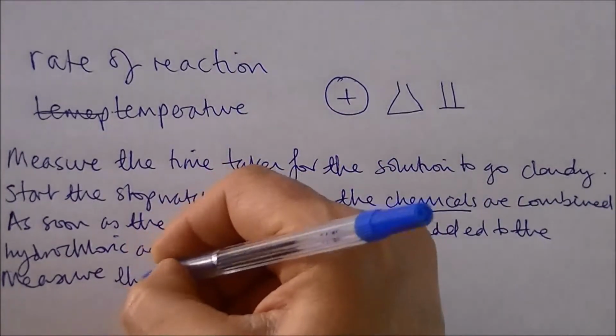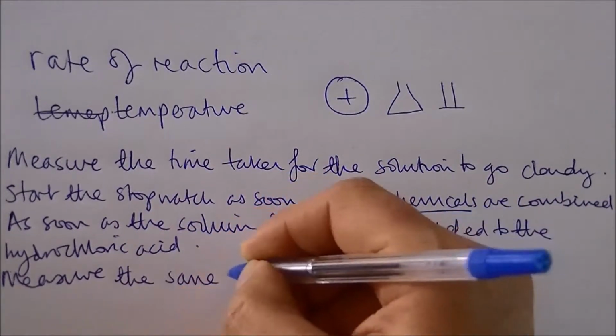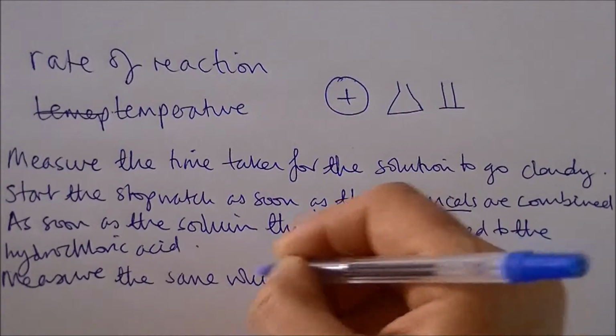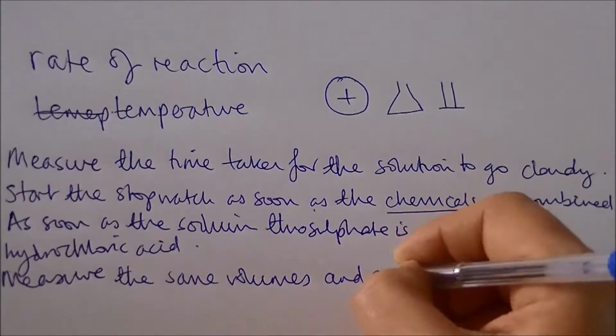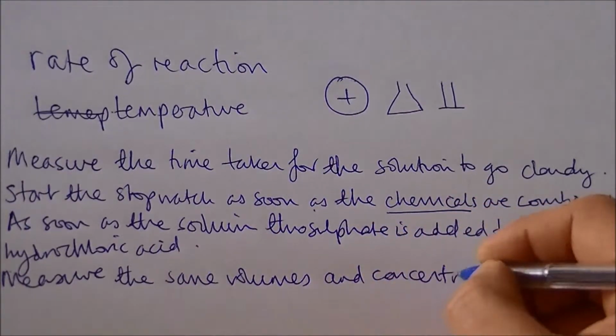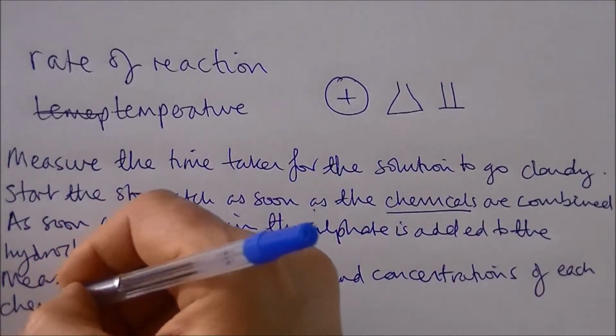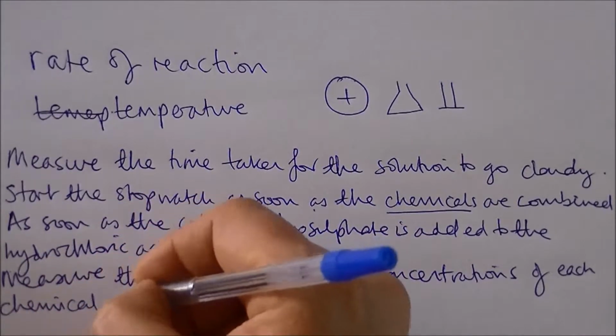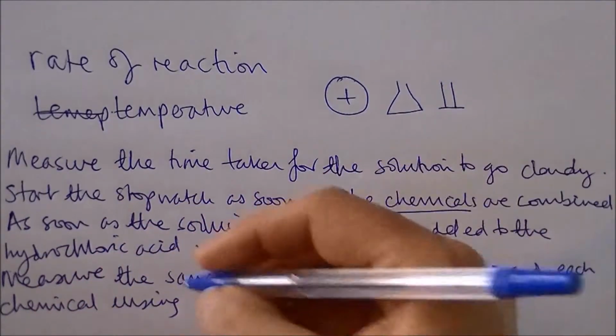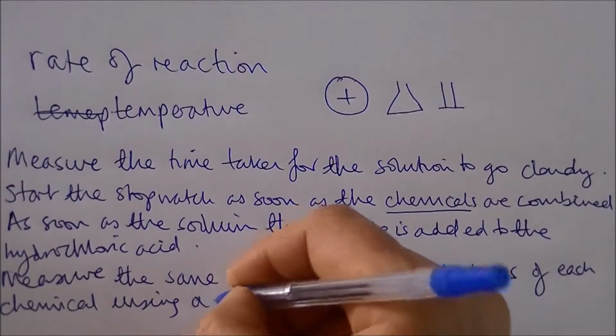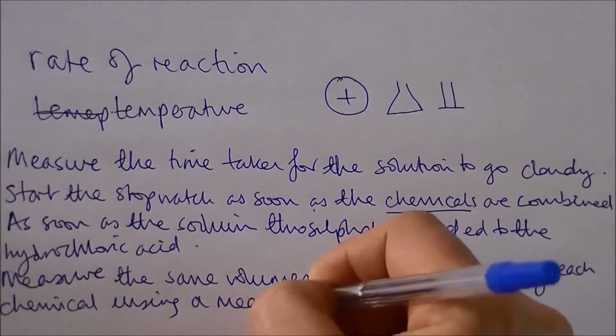So measure the same volumes and concentrations. It's only the temperature we're going to change in this case. The same volumes and concentrations of each chemical using, remember they gave us measuring cylinders, using a measuring cylinder.